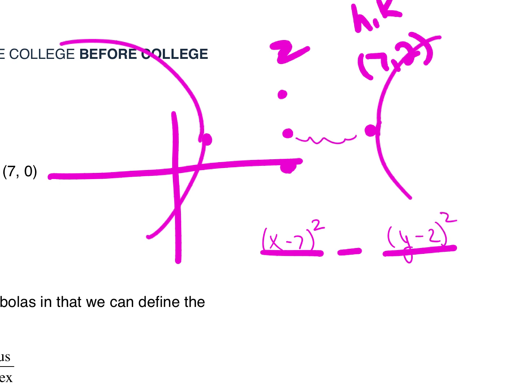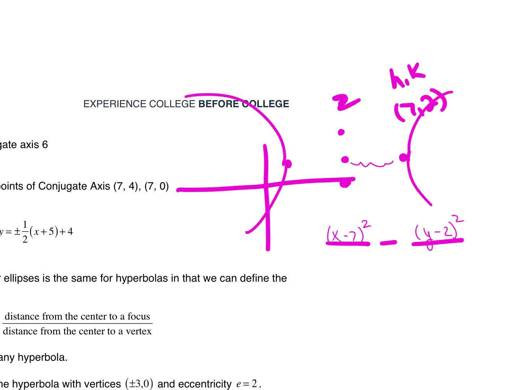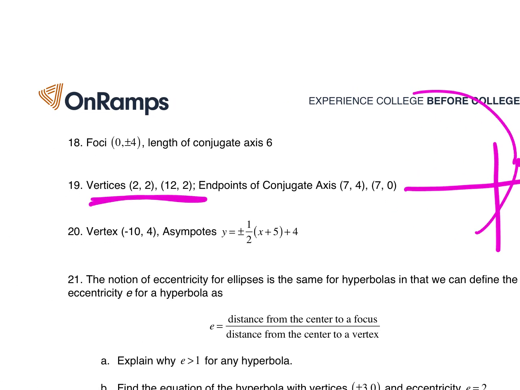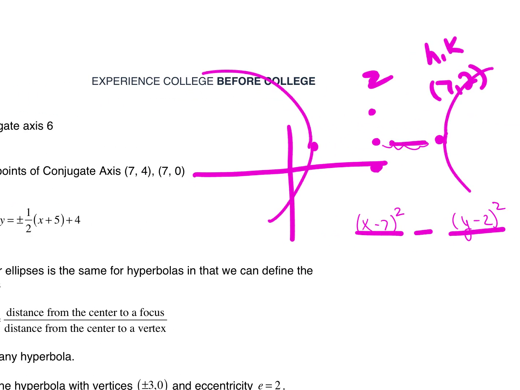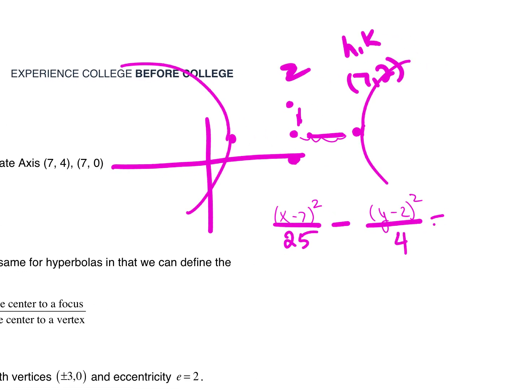Okay, how far did I go on my transverse axis? How did you know that the X was going to be on the left? It said these were the vertices. Okay, so how far is this right here? Is it 5? Yes. So that means this is 25. And how far is this right here? So that makes it 4 = 1.